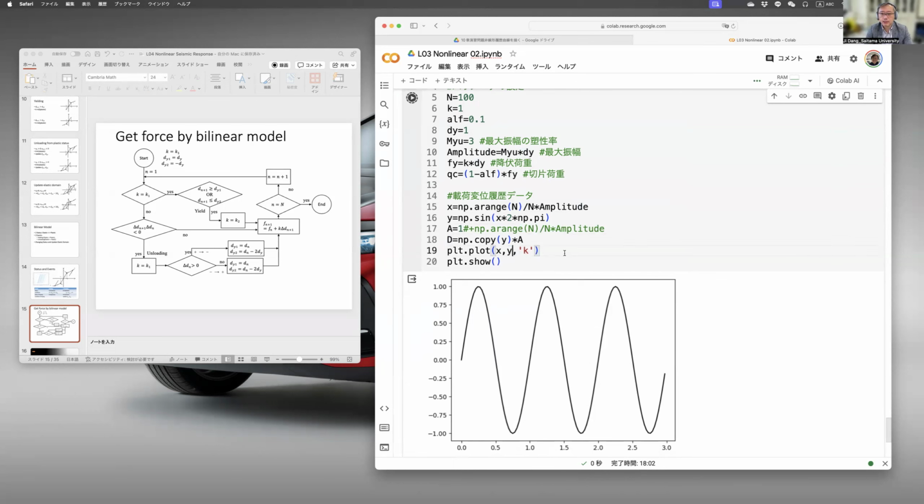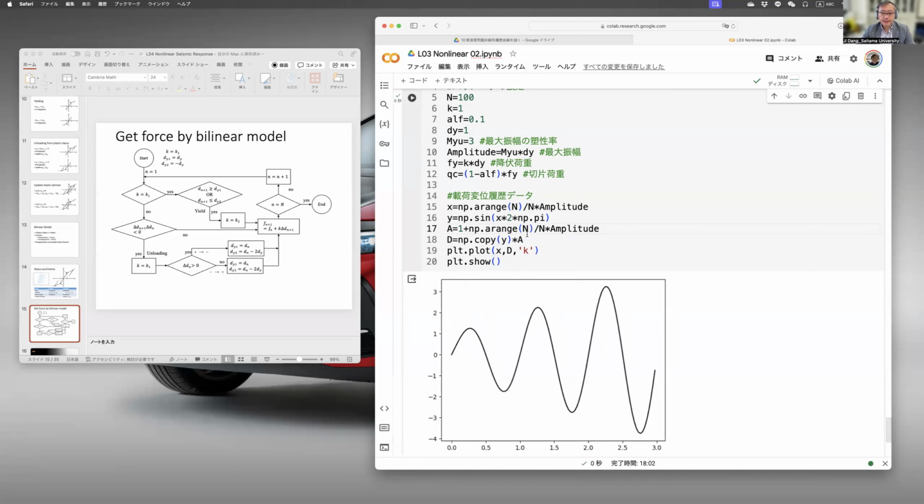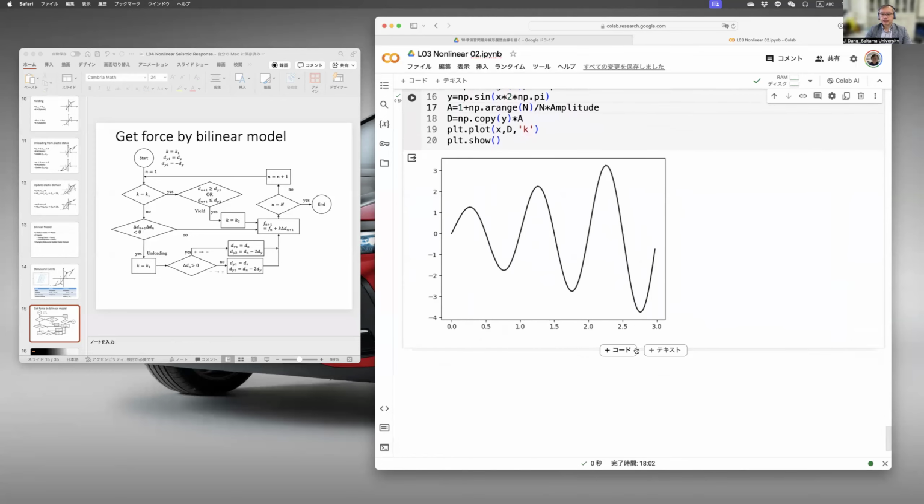X is time, and y is a sine wave. Now we change the amplitude from small to large, based on 1, so the amplitude changes like that. So we have a gradually increasing loading displacement.